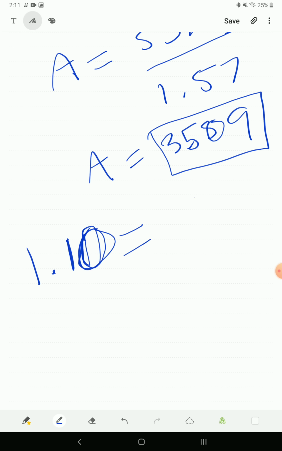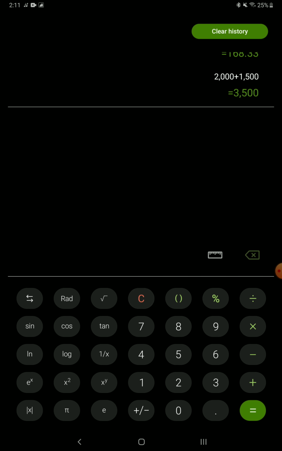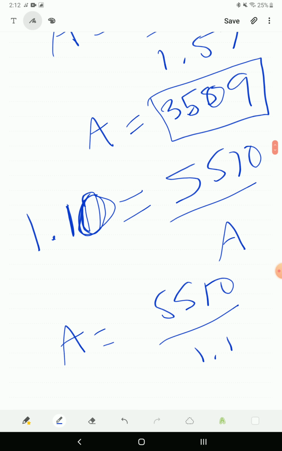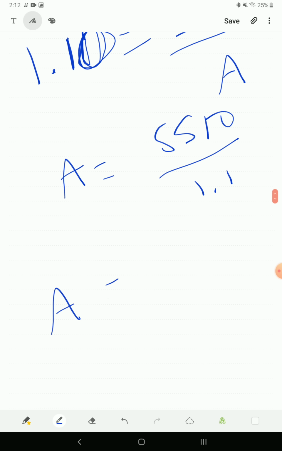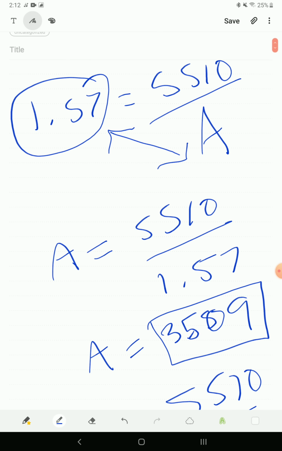And then this was 5510 divided by A. So now if we took A is equal to 5510 divided by 1.1, we get $5,009, okay? 5,009. Remember that. So now A is equal to 5,009. But keep in mind that number, 5,009.